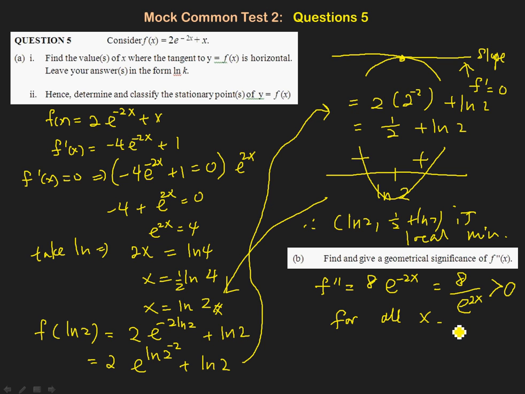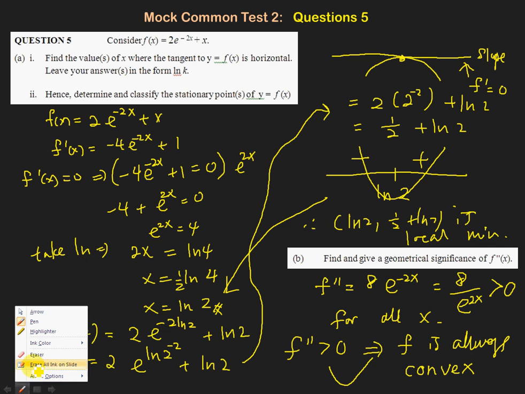F double prime is always greater than 0. Check your notes. Please flip to the right page. That means that the function f is always, what? No, check it out. Always convex. So it's going to be always like this. If you actually sketch this, let me show you a bit.